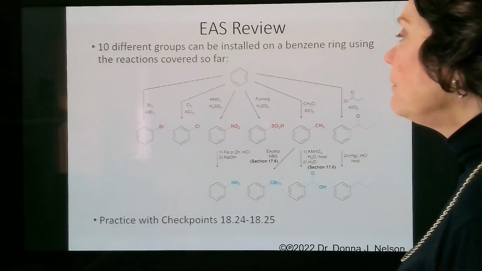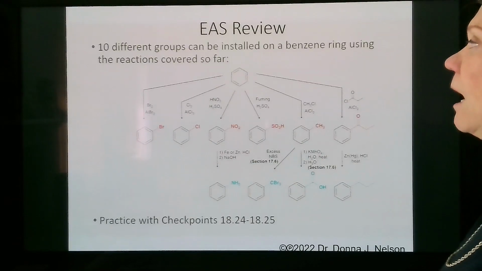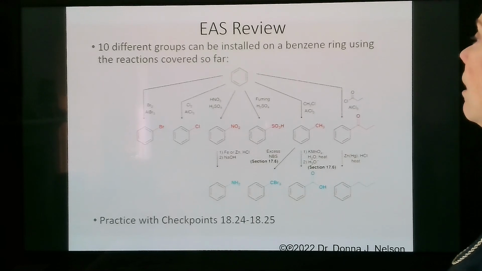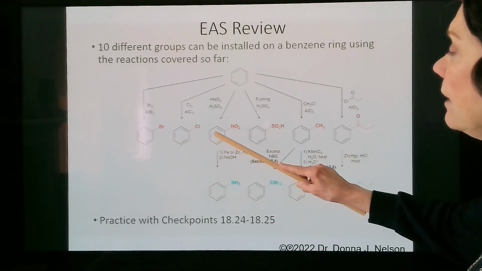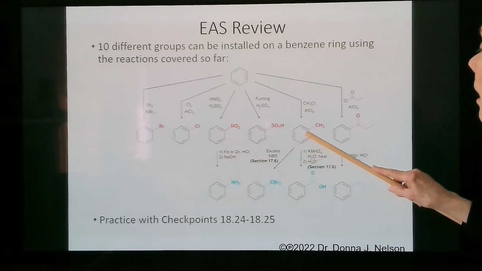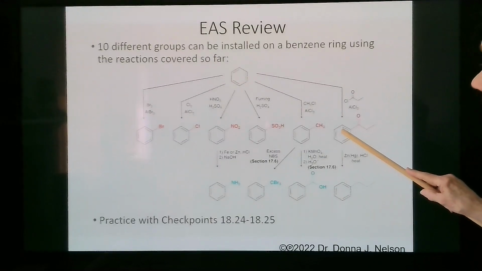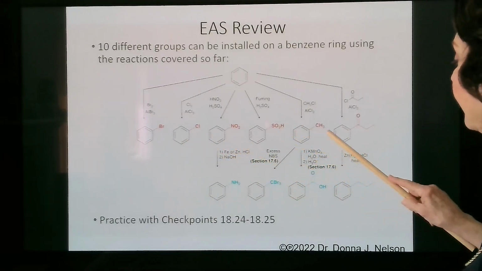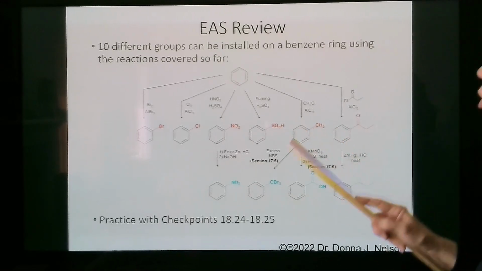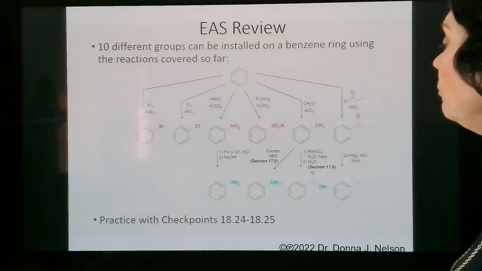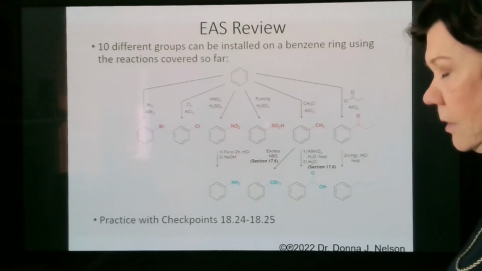So different groups can be installed on a benzene ring using these reactions that you've seen. And so you saw bromination, chlorination, nitration, sulfonation, alkylation, and acylation. So these different reactions occur directly using just the electrophile.